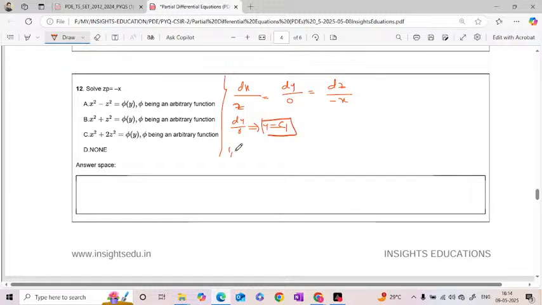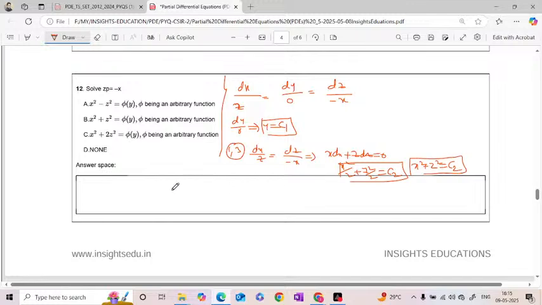Next one, from 1, 3: dx by z and dz by minus x. So here we will get x dx plus z dz is equal to 0. x square by 2 plus z square by 2 is equal to constant. So x square plus z square is equal to constant.